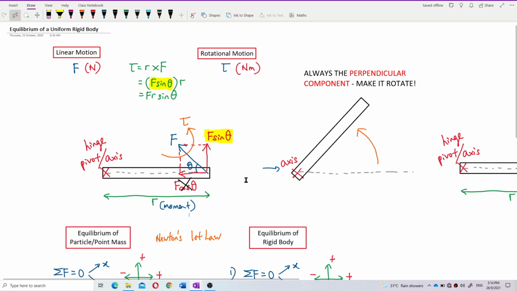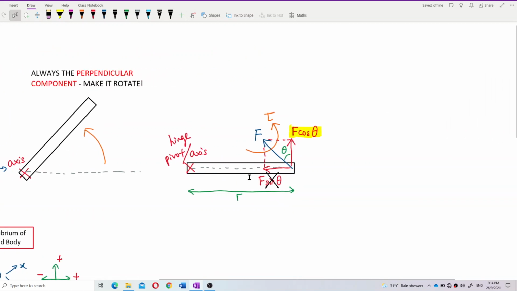However, there are certain situations where the theta is not between the F and the R. Look at here, this is the F and this is the R. This theta is not in between. I give you the theta over here. Then for this case, the torque is not F sine theta anymore. It's F cos theta.